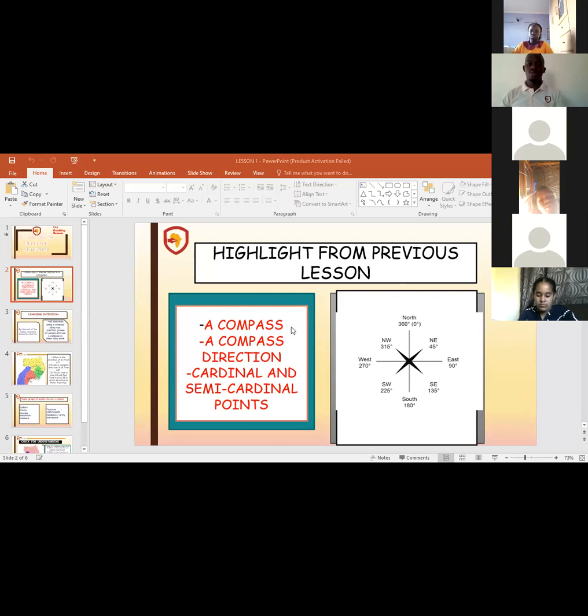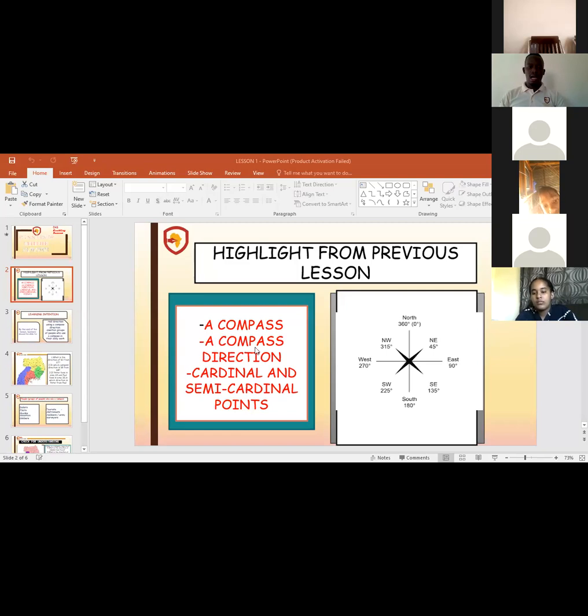In our last lesson, we learned about a compass and the compass direction. We also looked at cardinal and semi-cardinal points of a compass. We said a compass is an instrument that is used to find direction of places.